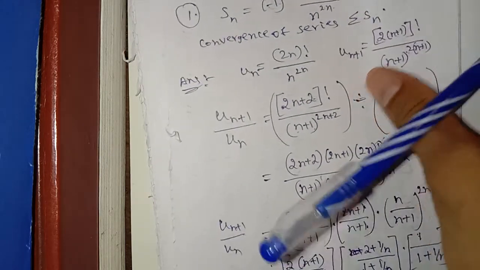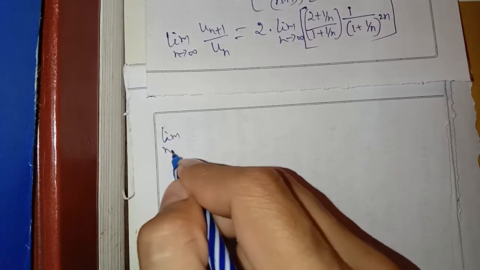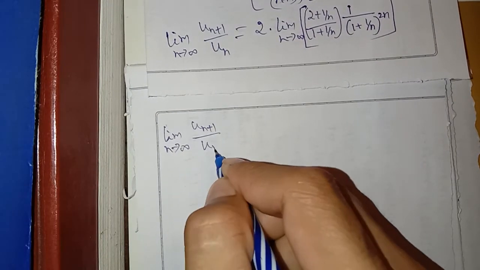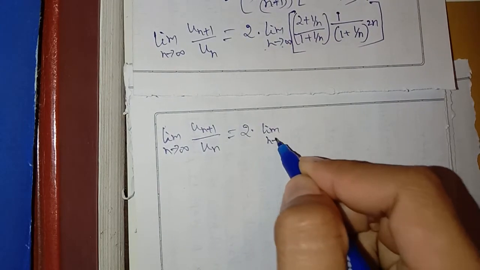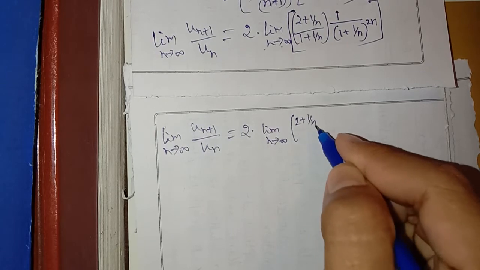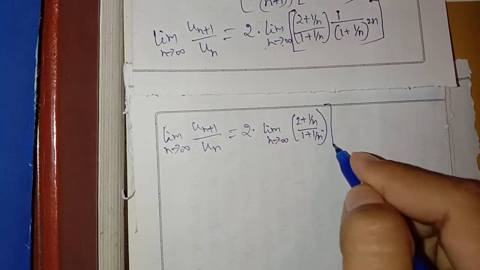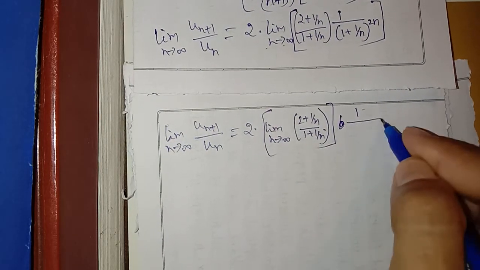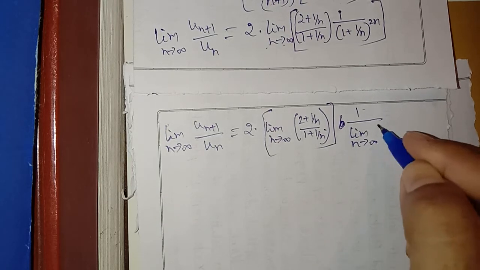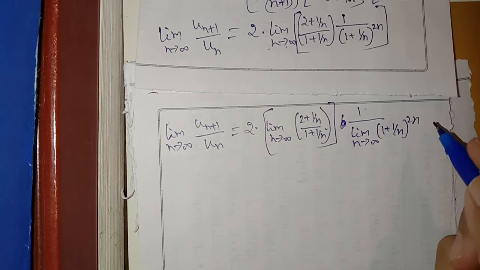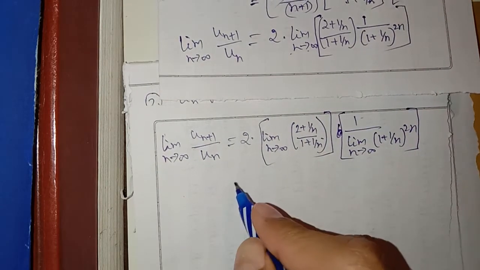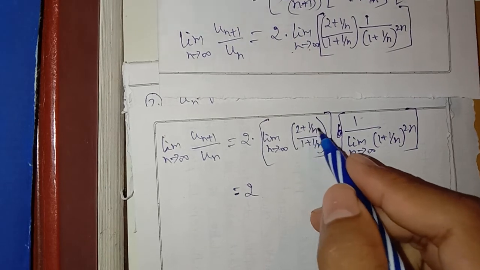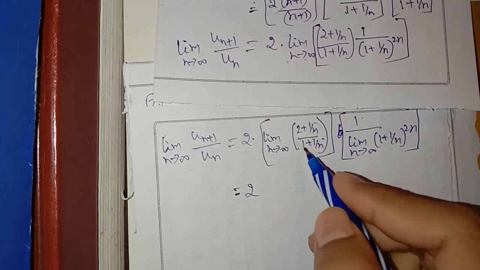Now we can write the limit as n tends to infinity of un+1 divided by un as 2 into limit of (2 + 1/n) divided by (1 + 1/n), into 1 divided by the limit of (1 + 1/n)^(2n). By algebra of limits, as n tends to infinity, 1/n becomes 0, so (2+0) divided by (1+0) is 2.